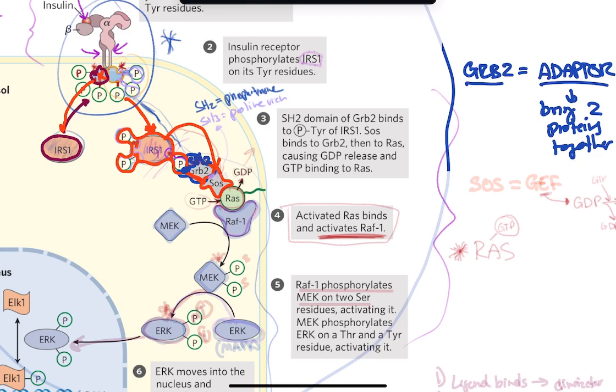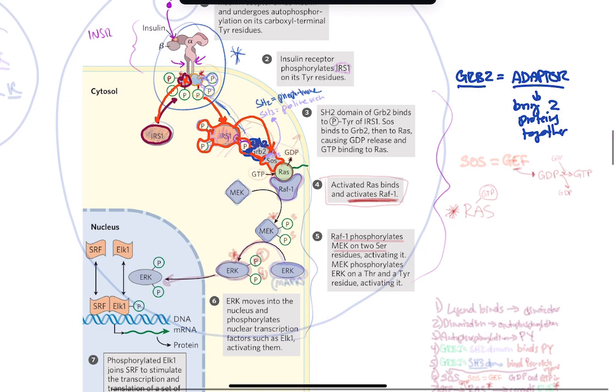So that second protein binding domain, the SH3, will bind to the proline-rich regions of our SOS. So GRB2 to SOS is SH3. GRB2 to the other protein, in this case IRS1, is SH2. So this GRB2 has both SH2 and SH3 domains. Dual specific.